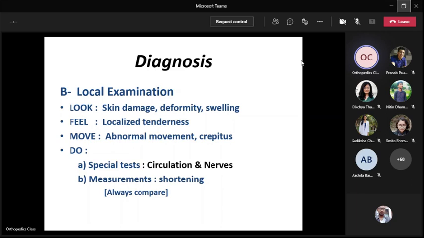Apart from this, you should always do some special tests. I always tell my residents or juniors, whenever an injured patient comes, always feel for the distal neurovascular status. Most of the time, because when there is a fracture, you never know, it may be a spike and such things. Sometimes they can damage or press the neurovascular structures lying in close contact, and you won't feel pulse and sensation in the distal part.